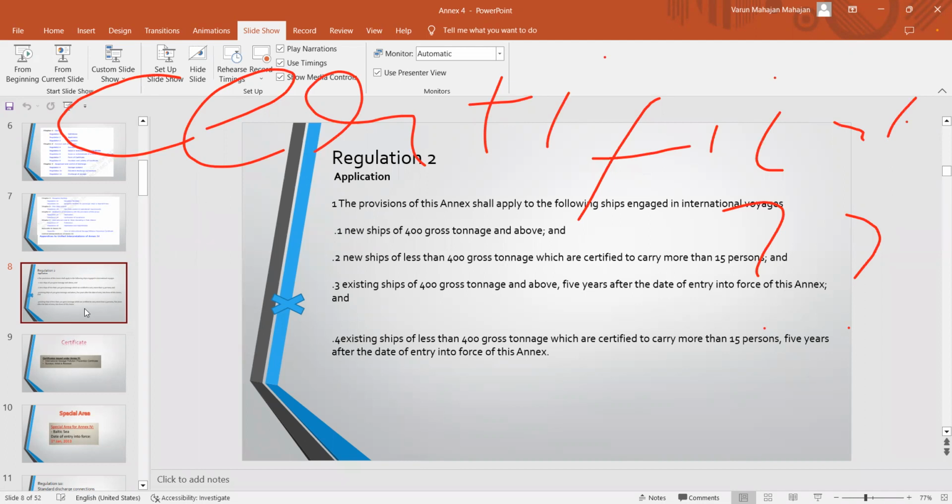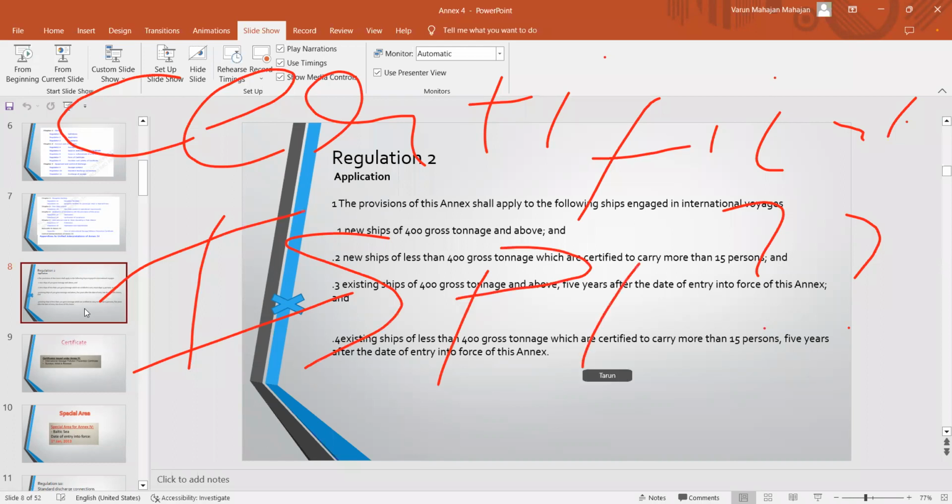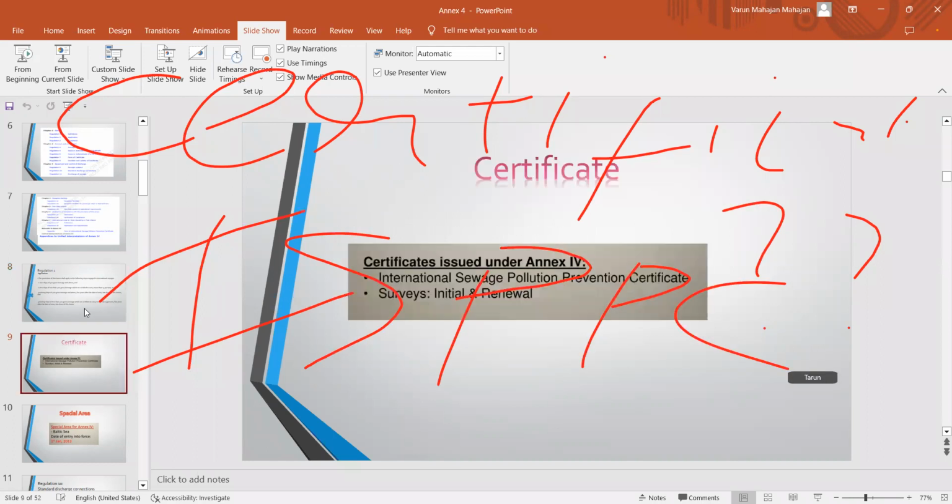Apart from this. So the name of the certificate is ISPPC, that is International Sewage Pollution Prevention Certificate.